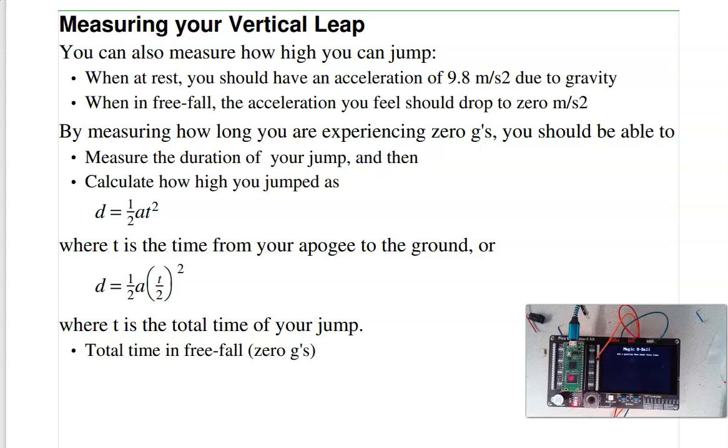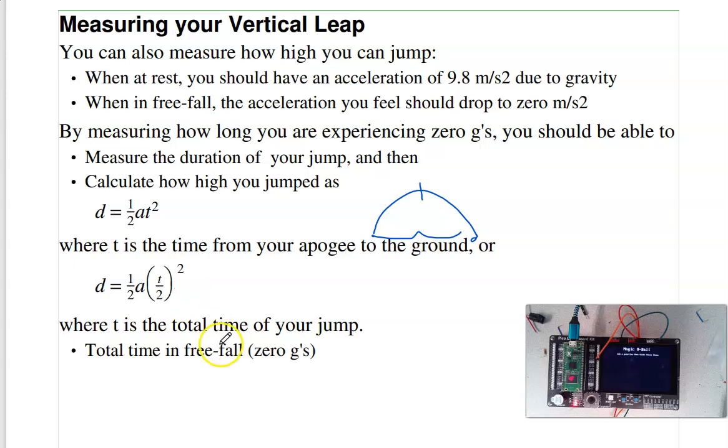If I know how long I'm in the air, I can calculate distance from 1/2 at squared. But you got to remember that t is actually half that time. The 1/2 at squared is the time from the apogee to ground. The total time is twice that. So take the t that I measure, that's t, the time at 0 g's, divide by 2, plug it in, that's my distance for my vertical leap.